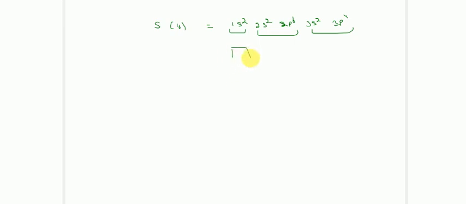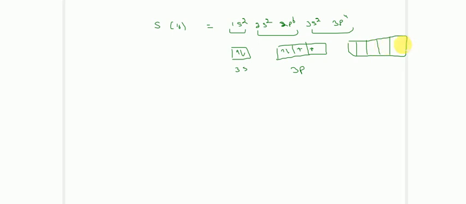Here there are 2 electrons in 3s and 4 electrons in 3p: 1, 2, 3, and 1 is paired. That is the 3p. Here the 3d is a vacant orbital.